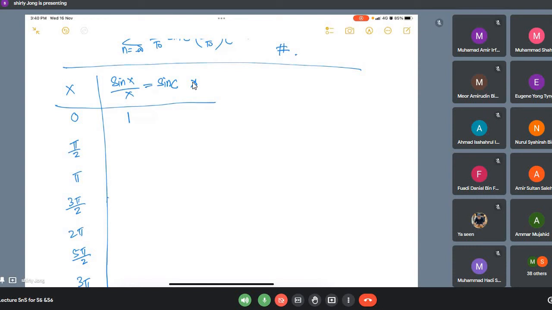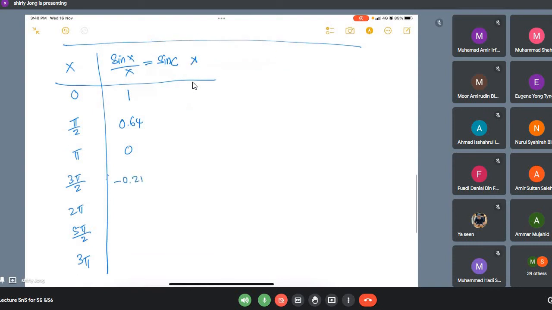So sinc 0 is 1. And then sin pi over 2 over pi over 2, you can calculate, but I can give you the answer here. This one is 0.64, this one is 0, then later you calculate back. You can try it later.